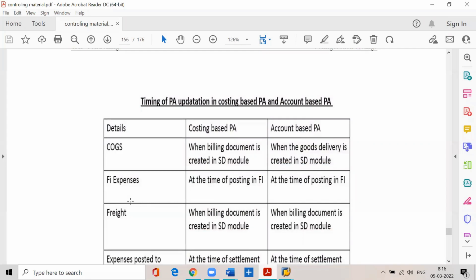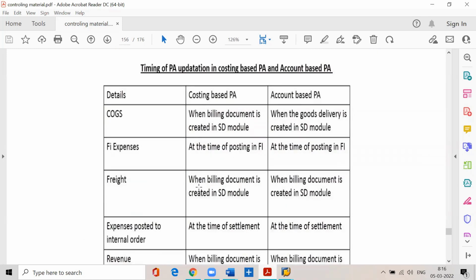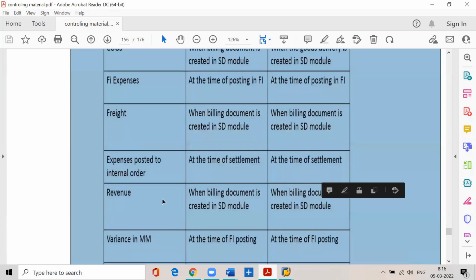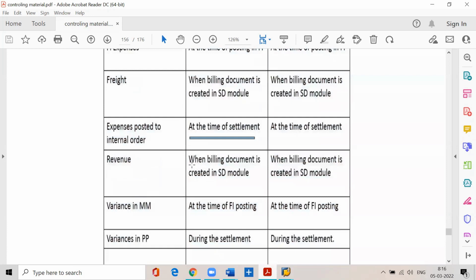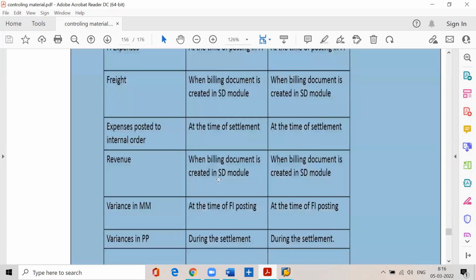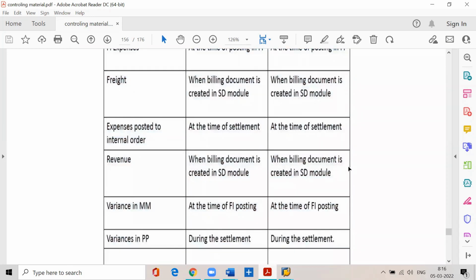When we post expenses in FI, these will be updated in costing-based COPA and account-based COPA at the same time. Then freight, when the billing document is created in the SD module. Similarly, account-based COPA also when the billing document is created in the SD module. Then expenses posted to an internal order at the time of settlement. Then revenues, when the billing document is created in the SD module.